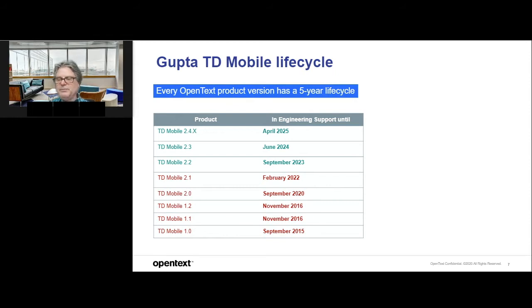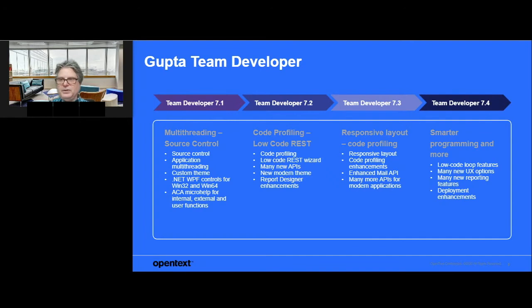So, looking at My Support, you can figure out pretty much how the life cycles are, but you also see the roadmaps when you are on maintenance. For Gupta Team Developer, the past few releases: 7.1, multi-threading, source control, also like Subversion and Git support in Team Developer.